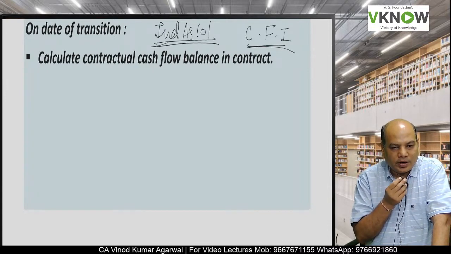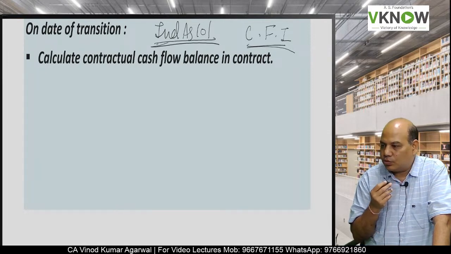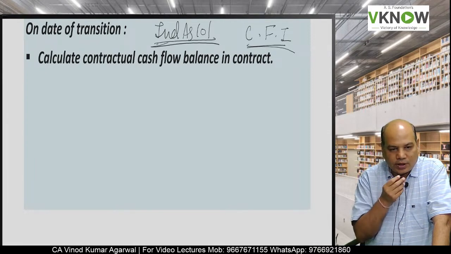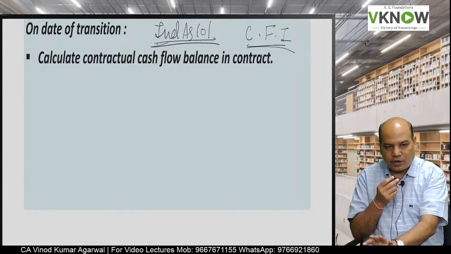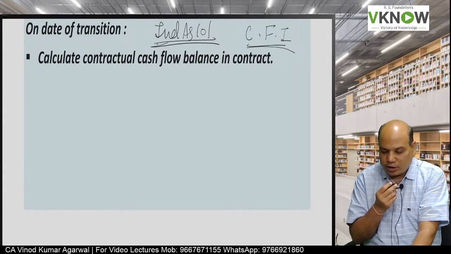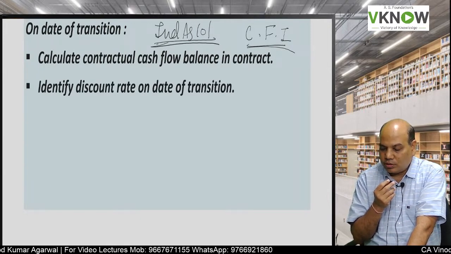But under Ind AS, if there is a compound financial instrument, then you have to separate the liability portion and the equity portion. So what I'll do, first I'll find out what is the liability portion based on contractual cash flow.